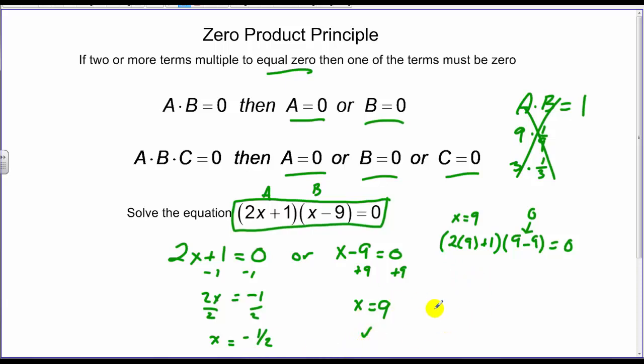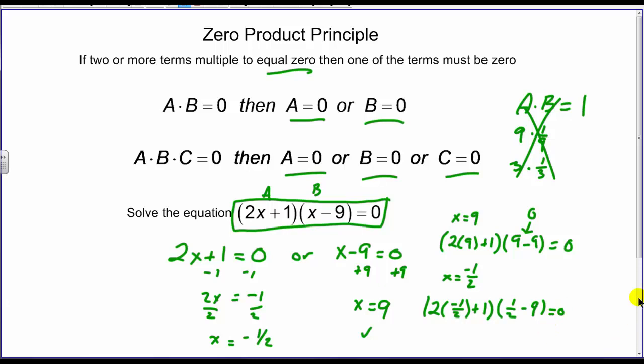How about that negative half? If x equals negative half, then I have 2 times negative 1/2 plus 1 multiplied together by 1/2 minus 9, and that's supposed to equal 0.